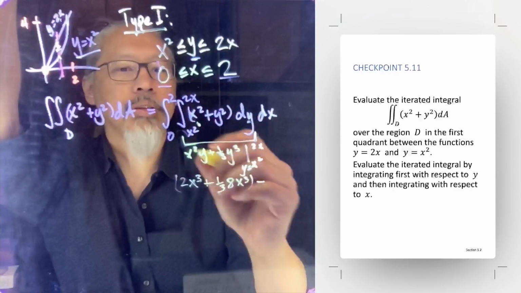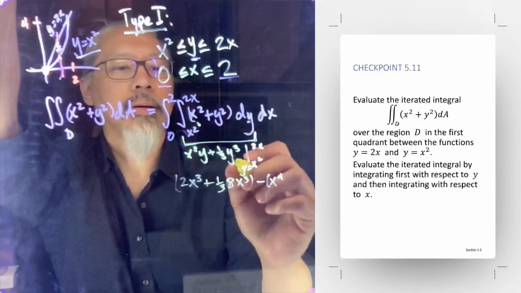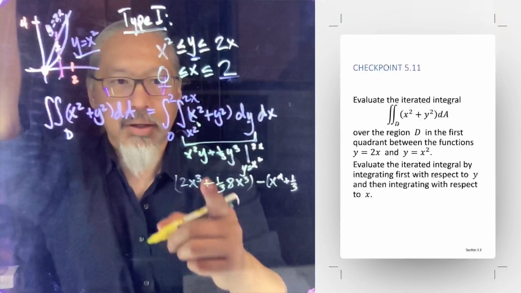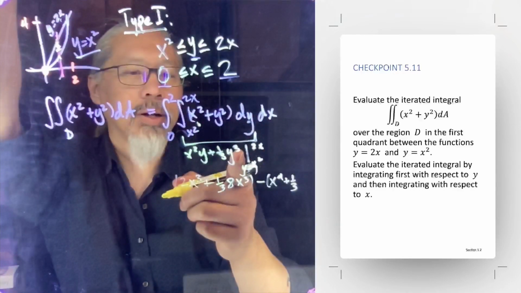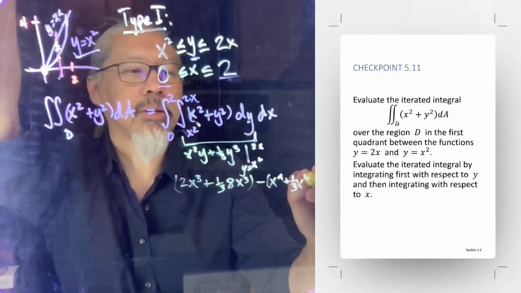Then let's put x squared in there, so this would be x to the 4th, and 1/3 times x squared to the third power, so we multiply the powers, x to the sixth.